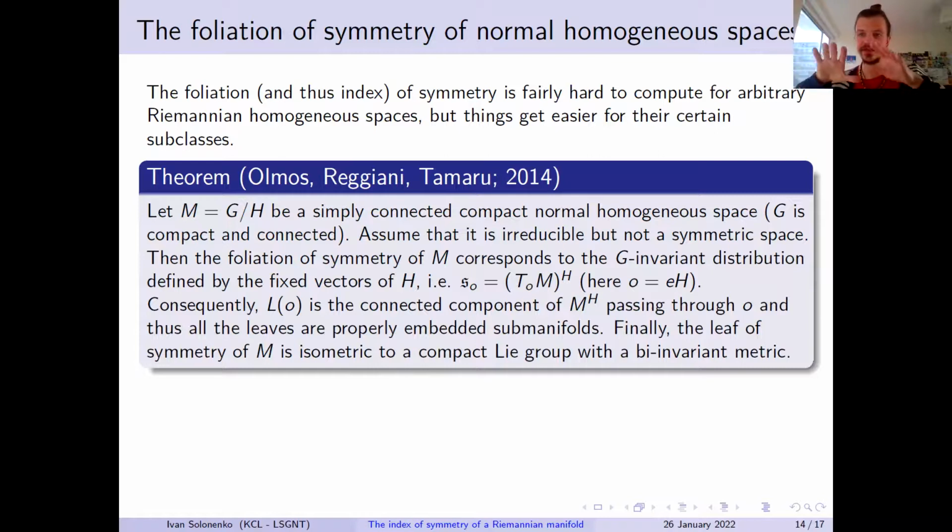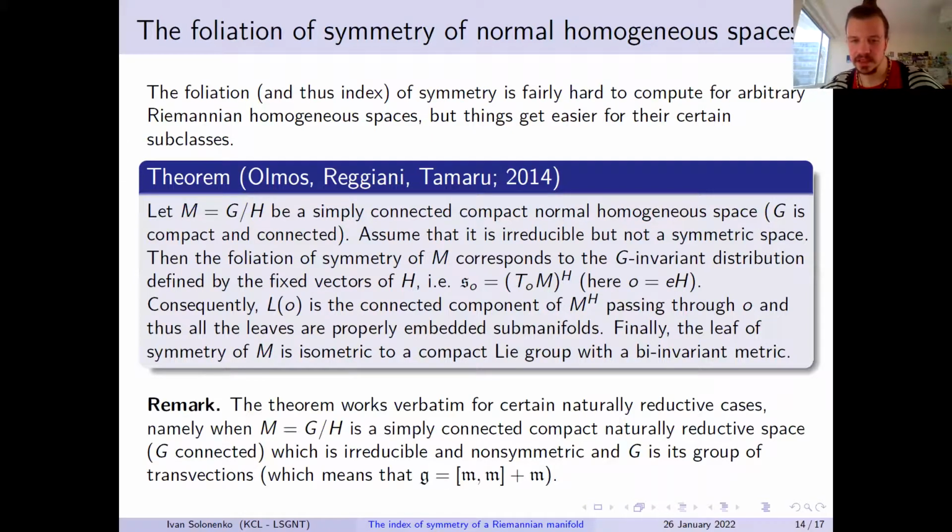So there is only one leaf of symmetry, which is the whole manifold. So if this was true for the symmetric situation, then the isotropy representation would have to be trivial, which means that the holonomy representation would have to be trivial, which is rarely the case for symmetric spaces. So this fails tragically for symmetric spaces.